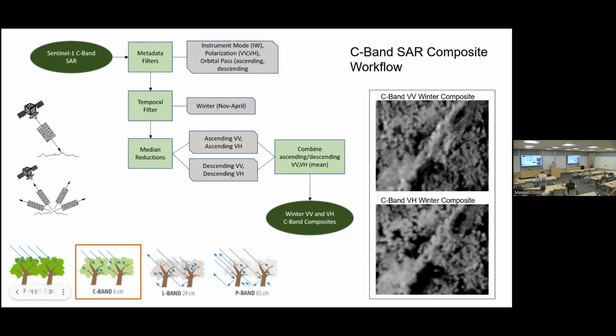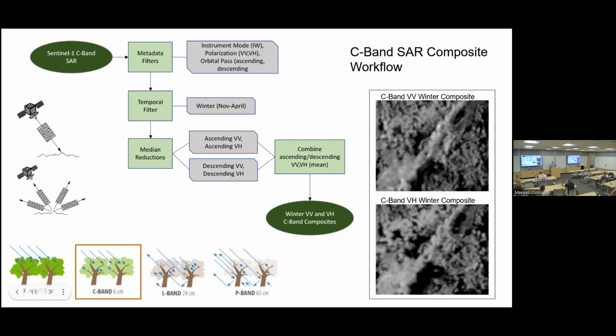Well, that was really following literature. I had seen examples of VV and VH being treated as separate features in image classification because they have certain characteristics, especially when you're talking about forest canopy. So that was really the main reason for choosing to keep those separate. And then, taking all of the Sentinel-1 images, we did do a median reduction for the winter image.